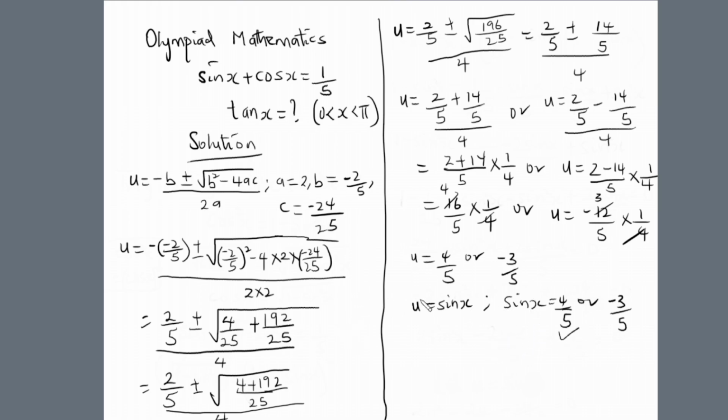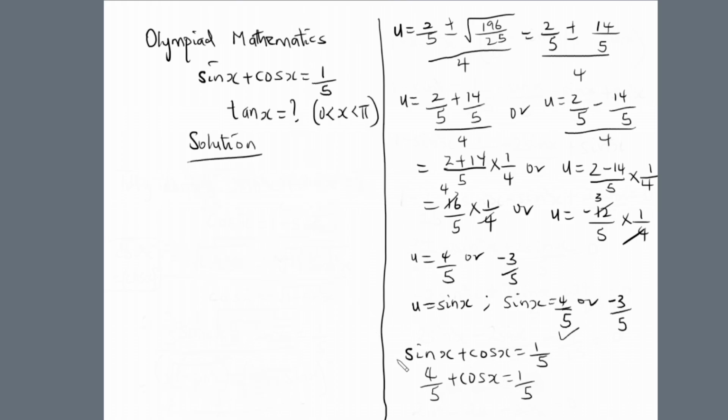All right, now remember that from our question, sine x plus cos x is 1 over 5. Sine x is 4 over 5, so that's 4 over 5 plus cos x is 1 over 5. So we can collect like terms, and we'll have cos x equal to 1 over 5 minus 4 over 5, because I moved 4 over 5 to the right hand side.